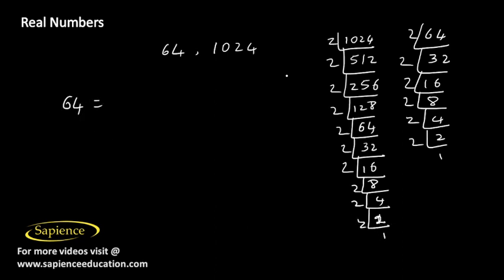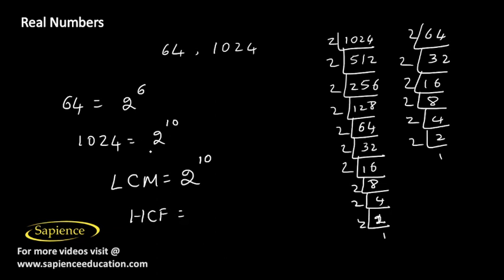64 can be written as 2 to the power 6. 1024 is 2 to the power 10. So for the LCM, the prime factor is only 2 and the highest power is 10.